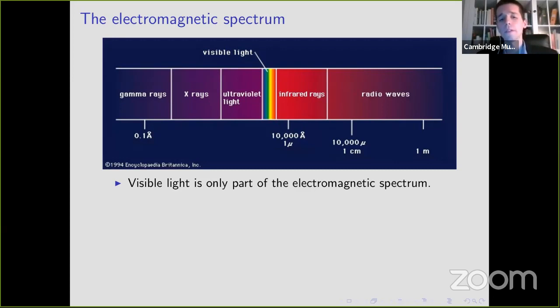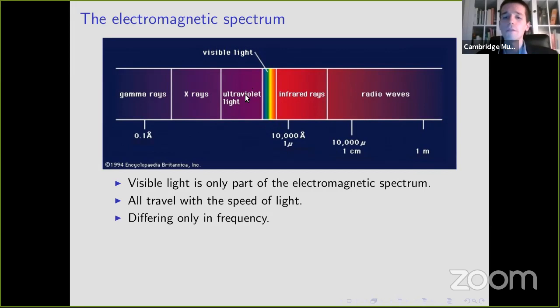And we see that visible light is only part of the electromagnetic spectrum. There are many other things that we cannot see, and all travel with the speed of light. They differ only in the frequency. So radio waves have a very low frequency, and visible light has a very high frequency, and gamma rays have a very, very high frequency.